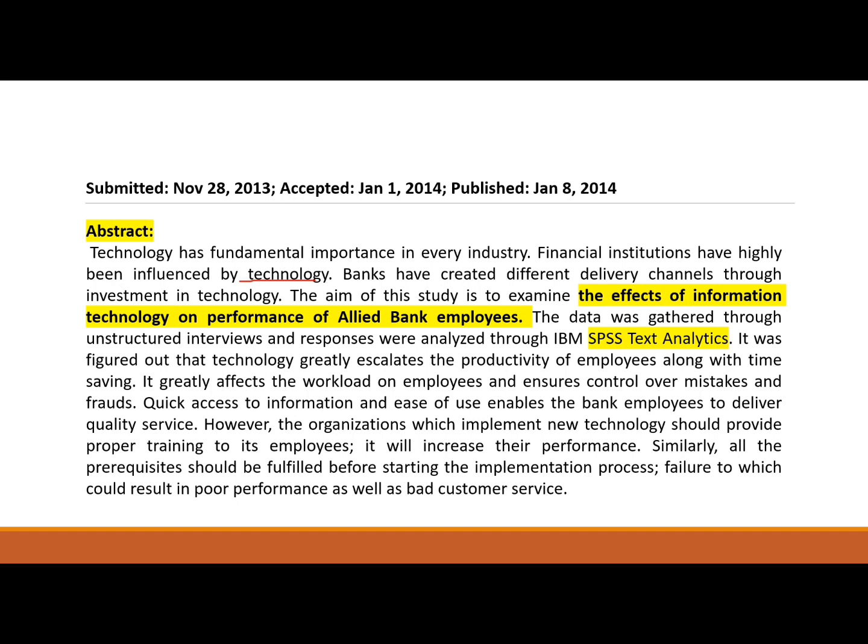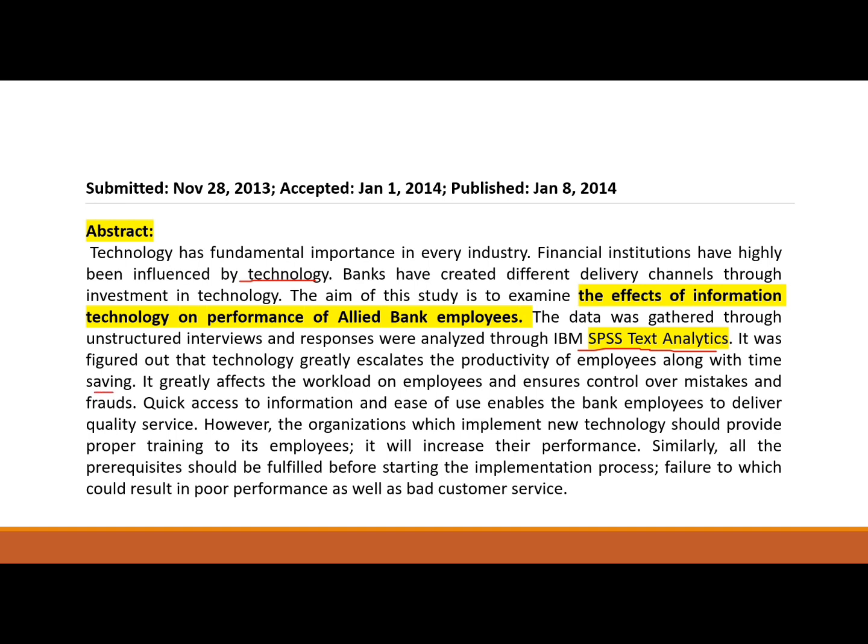So, the aim of this study is to examine the effects of information technology on performance of Allied Bank's employees. So the data was gathered through unstructured interviews and responses were analyzed through IBM SPSS text analysis. So it was figured out that the technology greatly escalates the productivity of employees along with time saving.